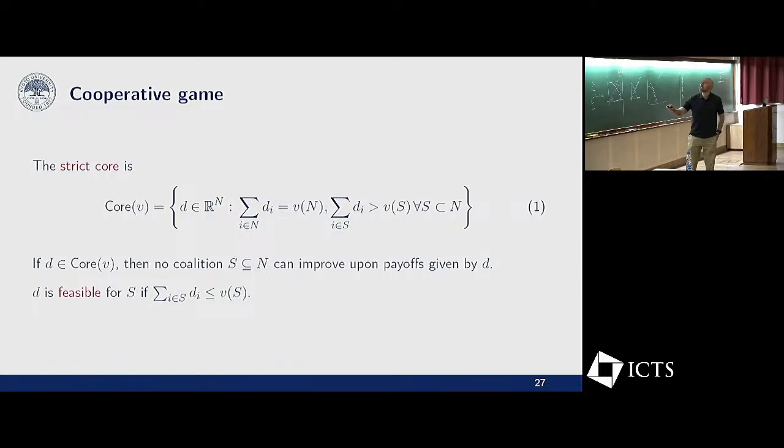And then we have this constraint: no subset of players should get less than they could produce on their own. If these constraints are satisfied, we've got what's known as the strict core of this game, this characteristic form game. Strict because we've got a strict inequality here.